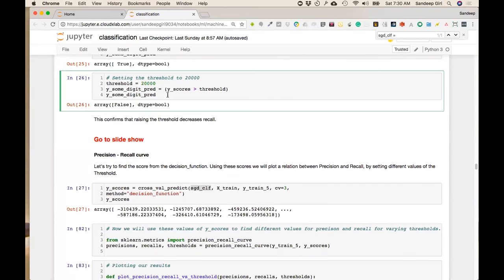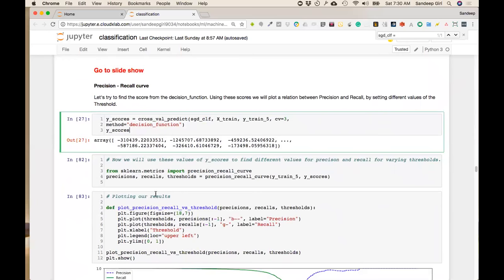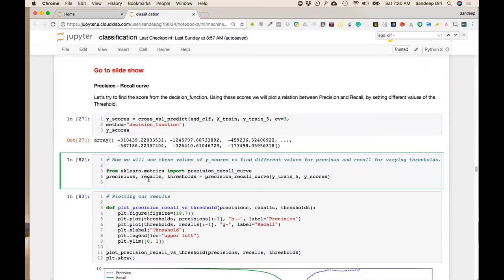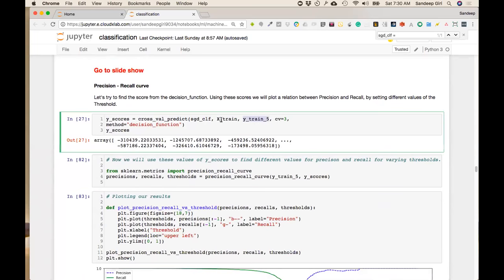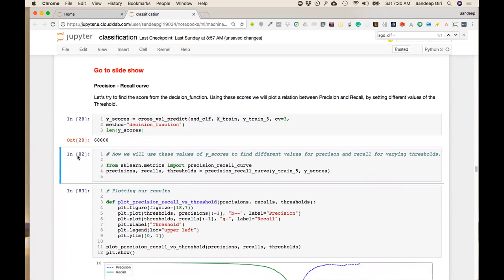All right, so this is where we are. Now, these are the various scores. Let's go down further. These are the scores for X_train data. What is the size of this one? Yeah, 60,000.